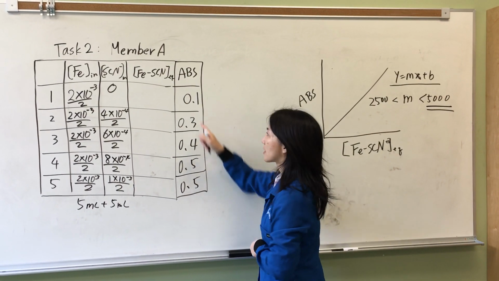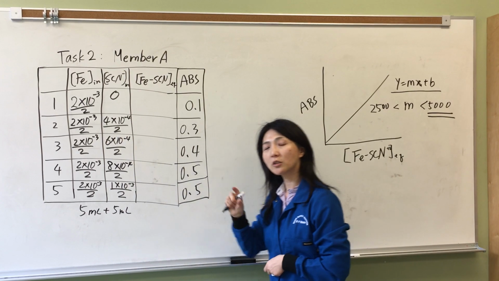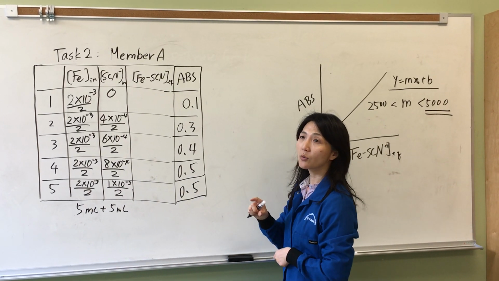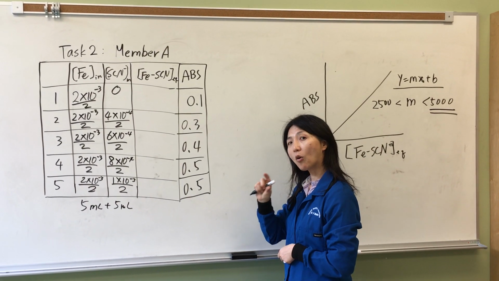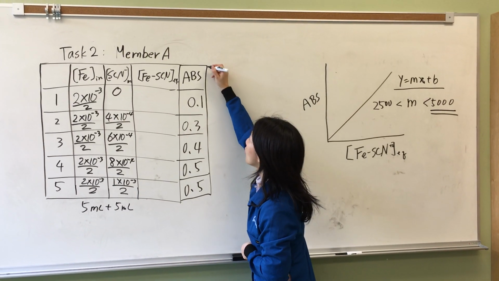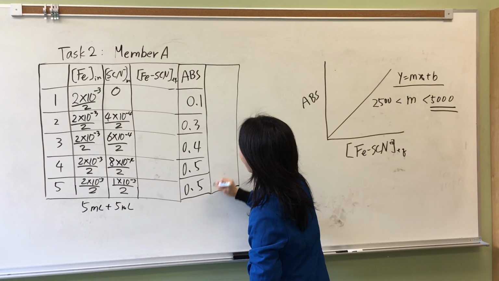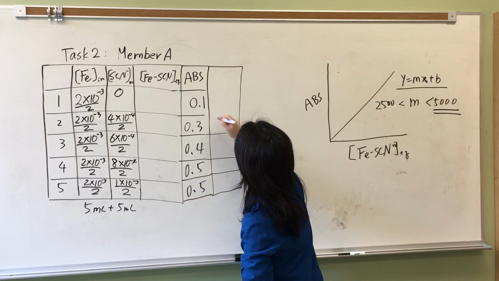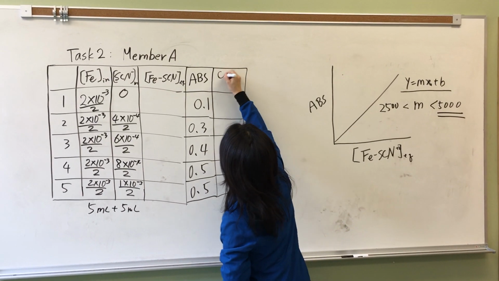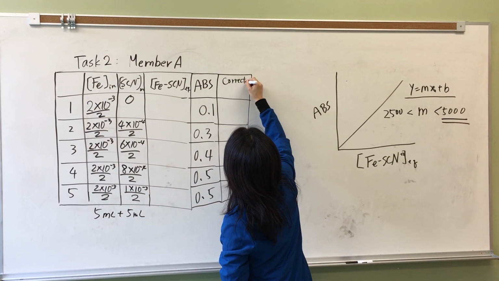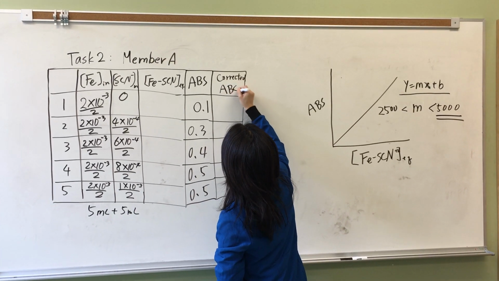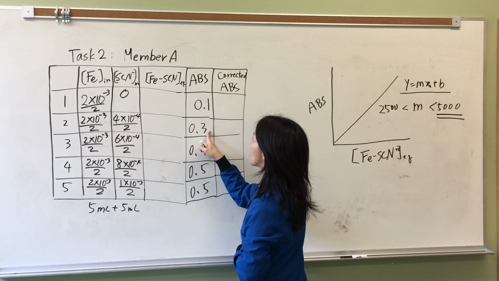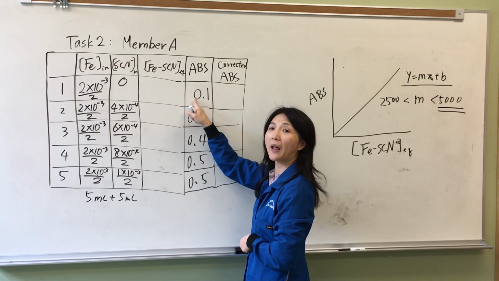So what that means is, if you look at your standard solution of the iron, you notice that it has a slightly orange color. So we don't want to include that absorbance in our sample. So the corrected absorbance is going to be your sample absorbance minus the blank absorbance.